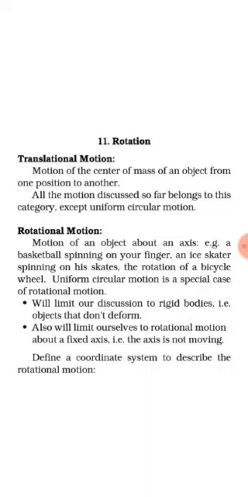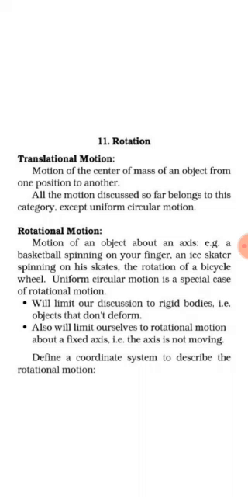We will limit our discussion to rigid bodies, that is, objects that do not deform. We will also limit ourselves to rotational motion about a fixed axis, that is, an axis that is not moving.